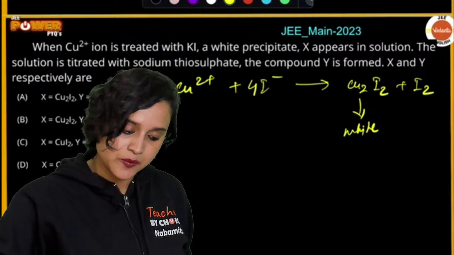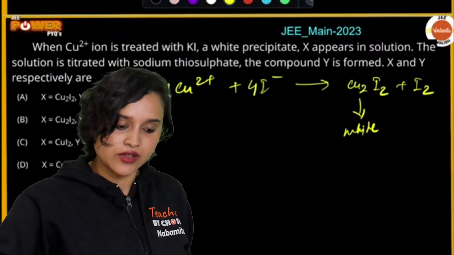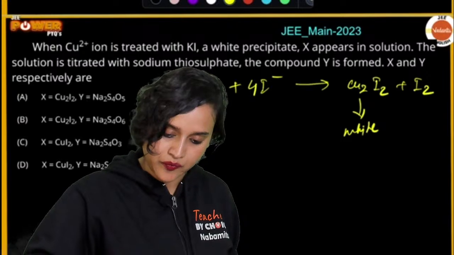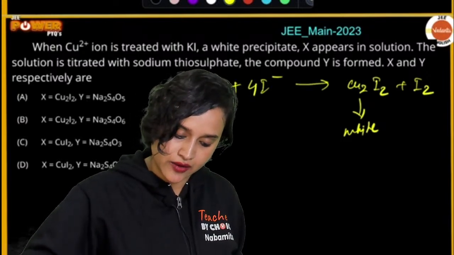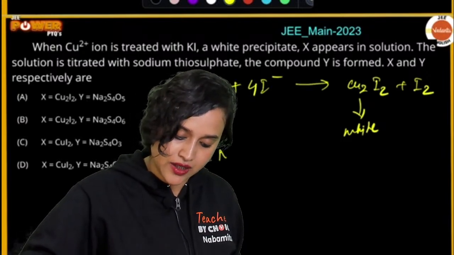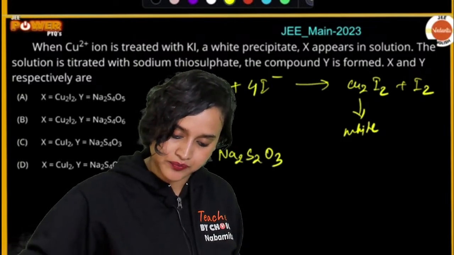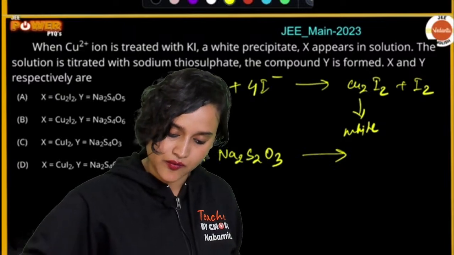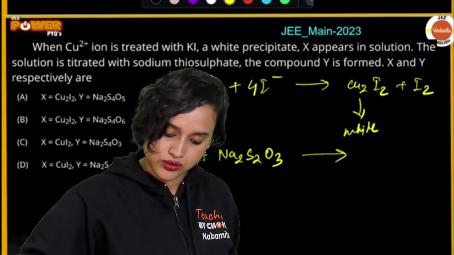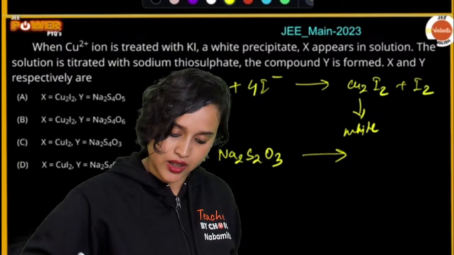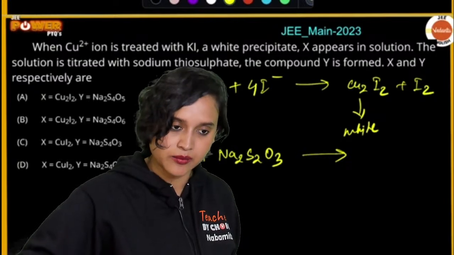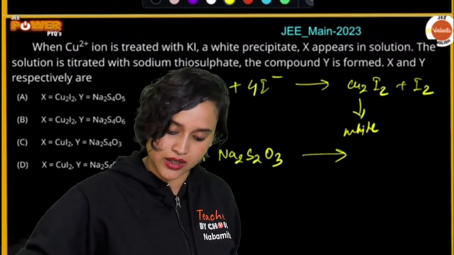Now what are they saying? The solution is titrated with sodium thiosulfate, Na2S2O3. If you titrate it with sodium thiosulfate, you are supposed to have I3 minus.